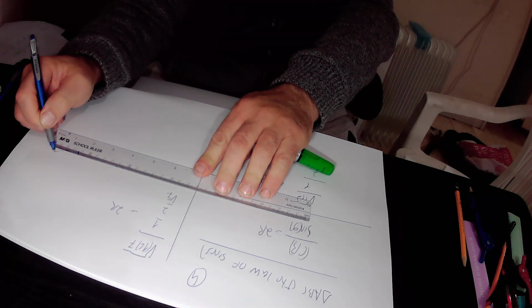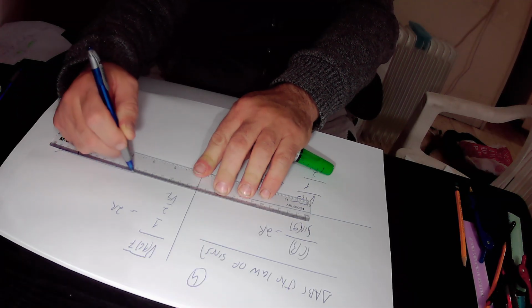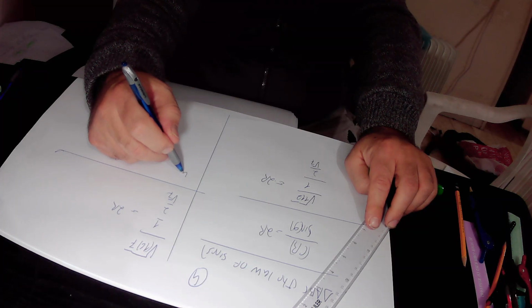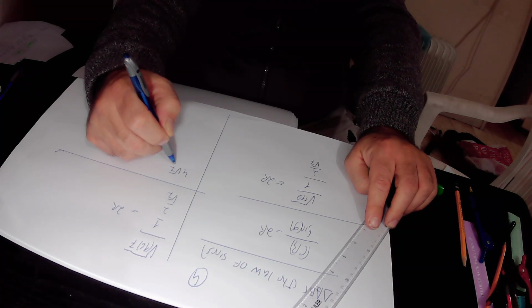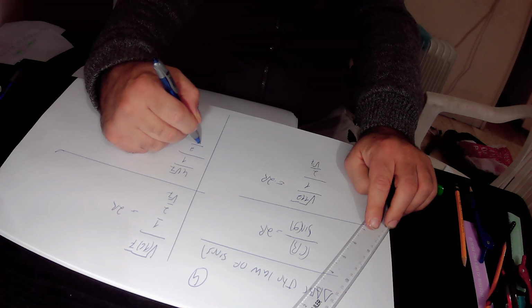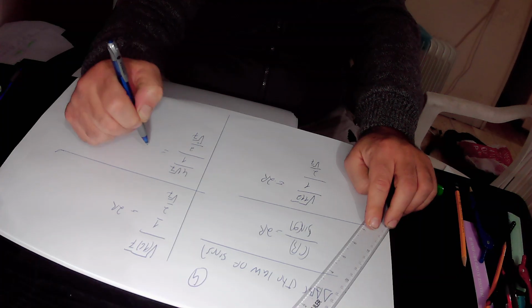The square root of 16 is 4, so we take 16 out of the root, and inside the root we have only 7. So it is 4 times square root of 7 over 2 over square root of 7 equals 2r.